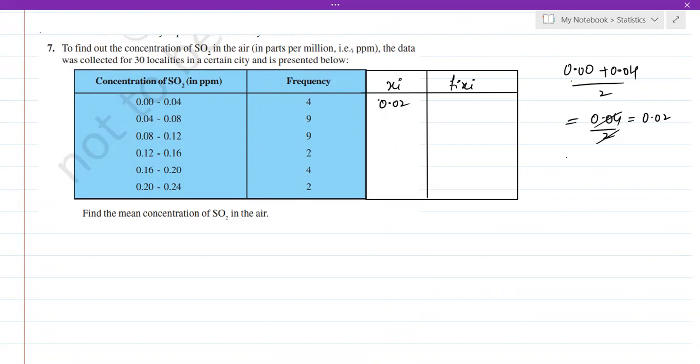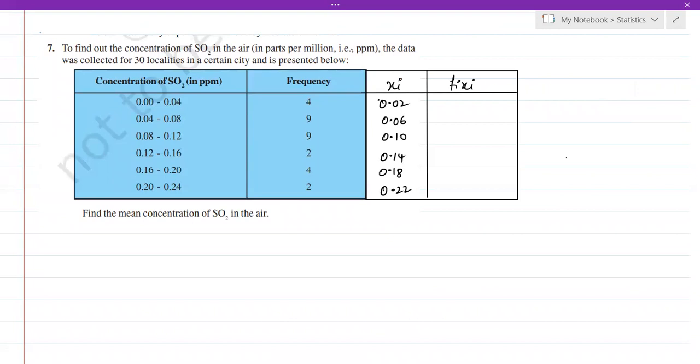The next one, it is obvious, 0.06. Then 0.10, then 0.14, then 0.18, then 0.22. So we have found the xi.